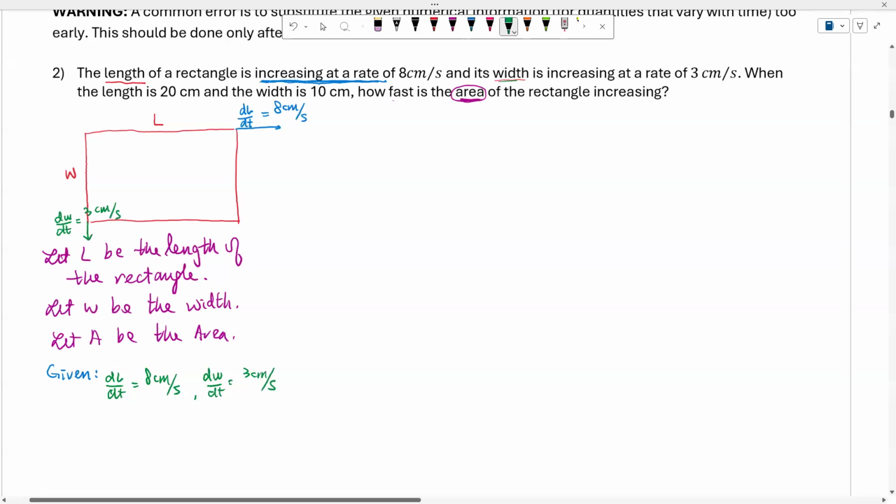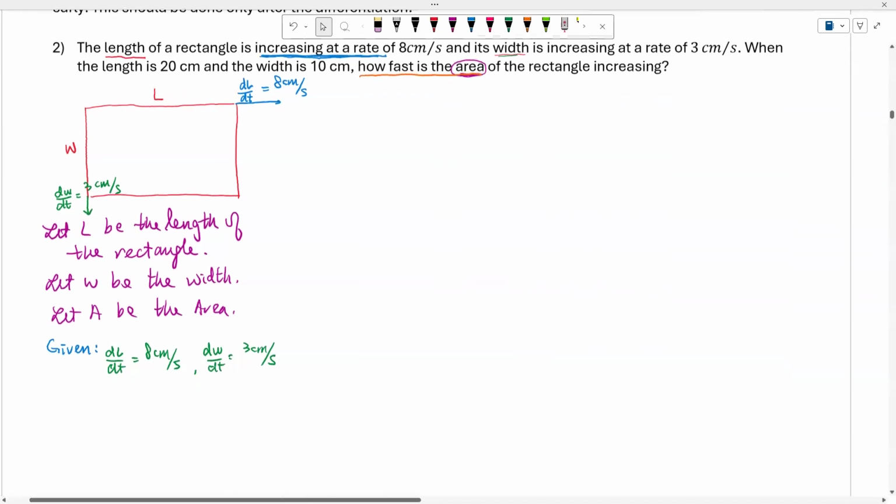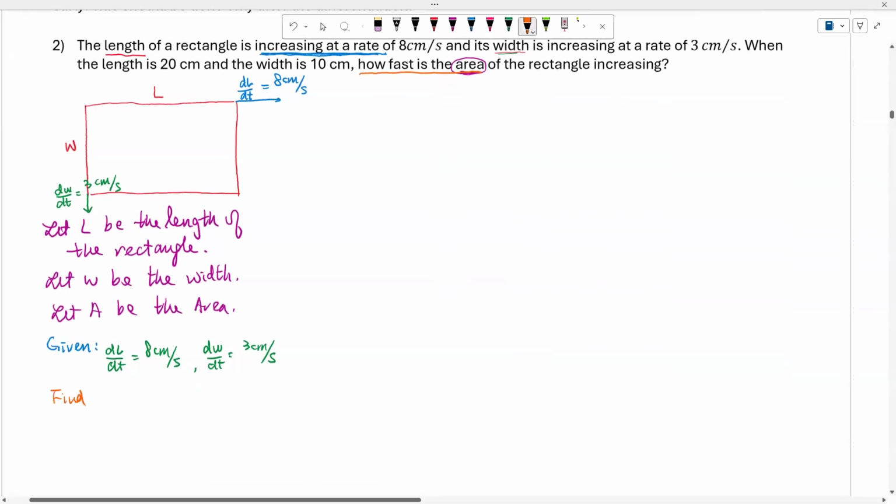And now, what we are looking for is how fast the area is changing. Meaning we are looking for dA/dt, equal to what, when L equals 20 cm and W equals 10 cm.